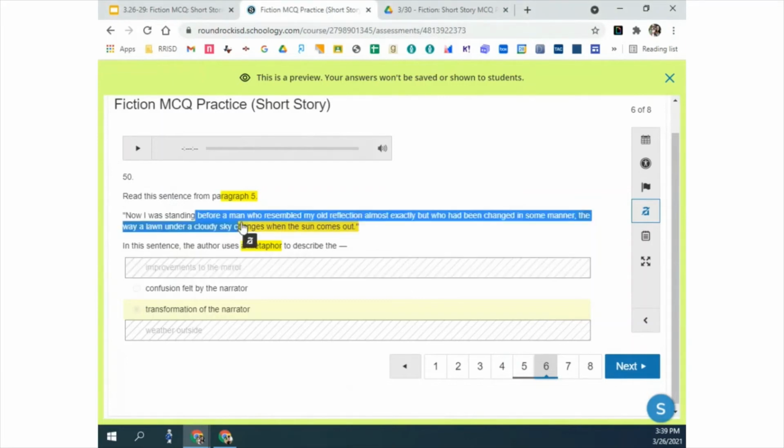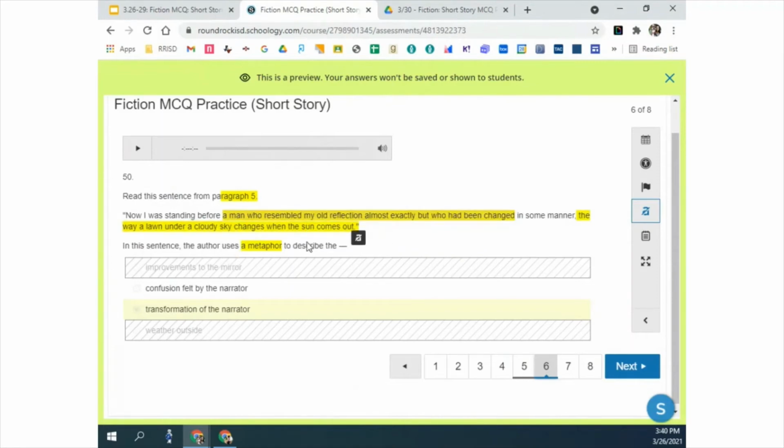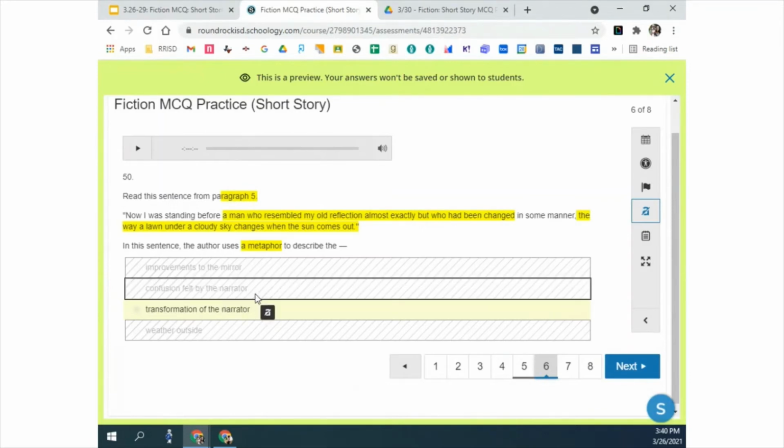Because it's talking about a man who resembled my old reflection, like the change in that man versus the change in the sky, right? So it's not about the mirror, it's about the narrator. And from there we have to choose, okay, it's not confusion he's feeling, it's transformation, because it says change twice. Okay, so we did that.